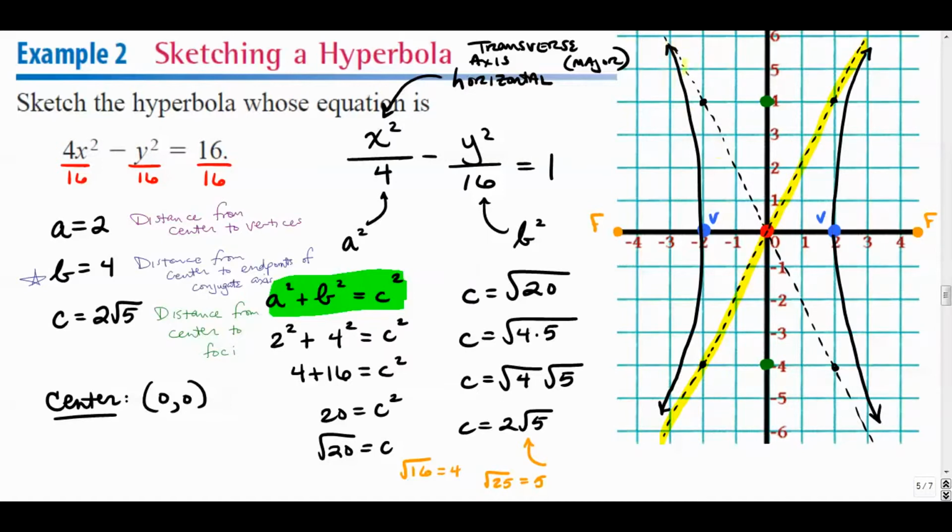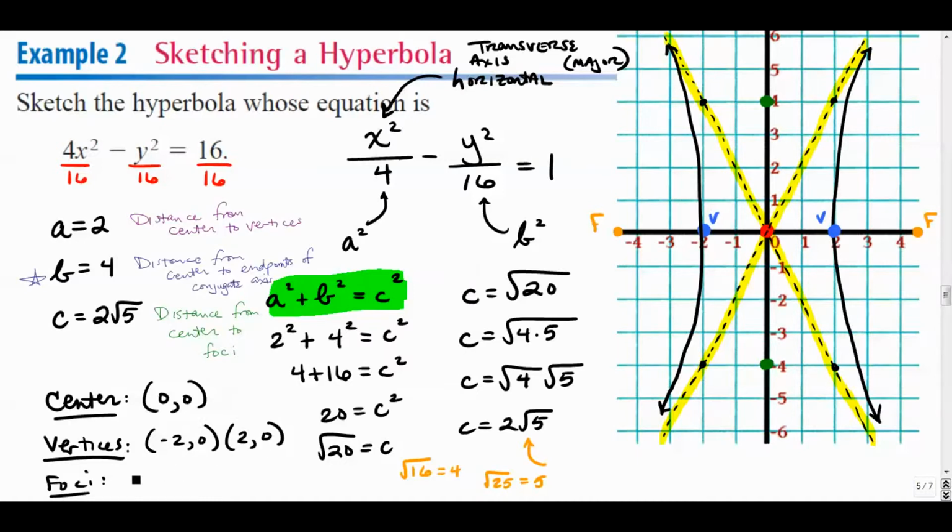Before we write the equation of the asymptotes though, let's just get some of the basic stuff out of the way. We got the center. Let's see if we can write the vertices coordinates and the foci as well. The vertices are, let's see, (-2, 0) and (2, 0).